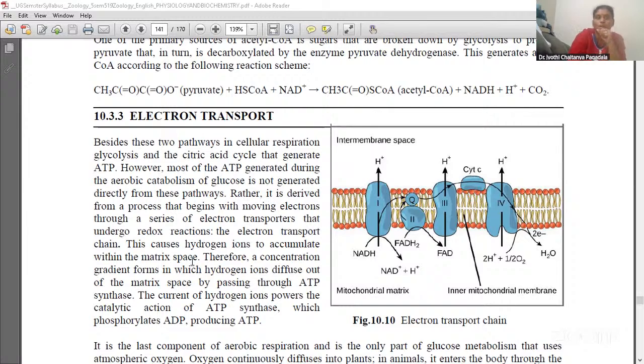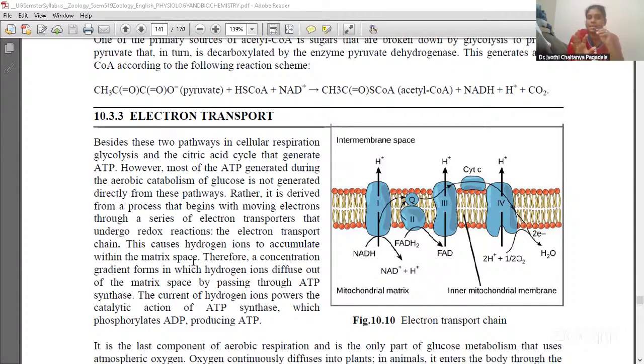During the moving of electrons, a series of electron transporters undergo redox reactions. The electron transport chain causes hydrogen ions to accumulate within the matrix space of mitochondria.